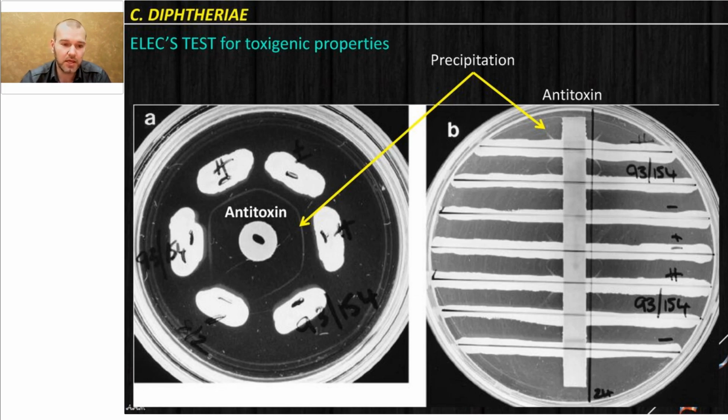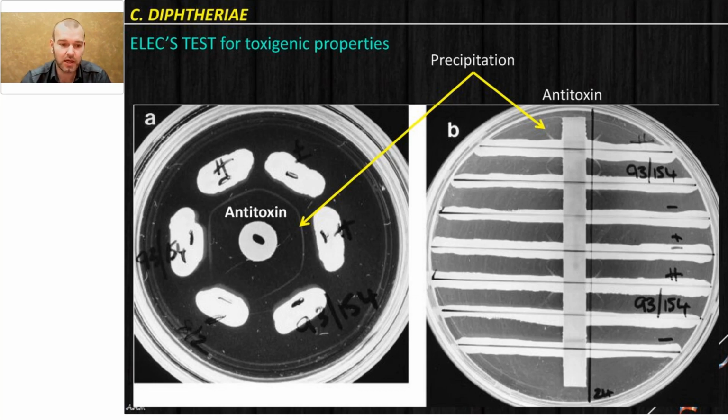So again, in picture A, clinical samples are seen as prolonged oval white things on that petri dish. In picture B, they are parallel strips going through the whole petri dish. Bacteria will grow in that agar. If bacteria are toxigenic, toxin will be produced in the surrounding media.